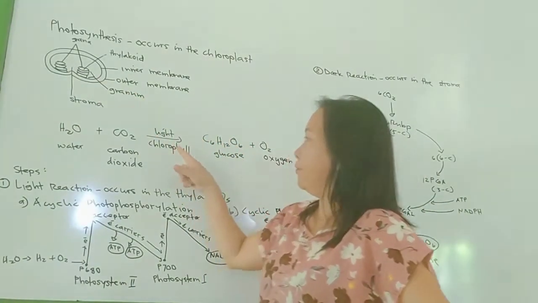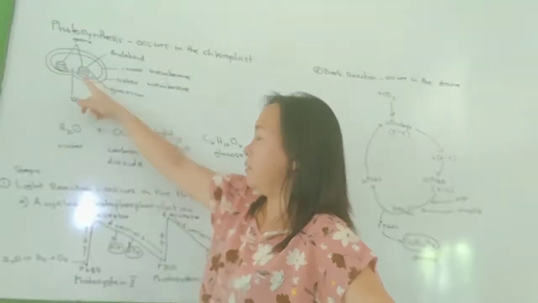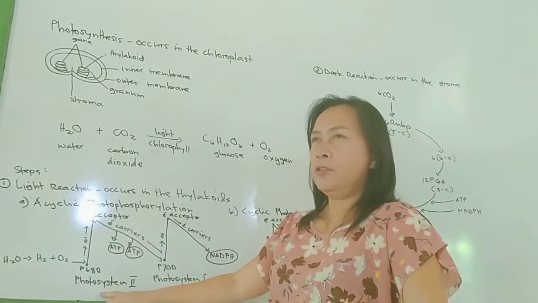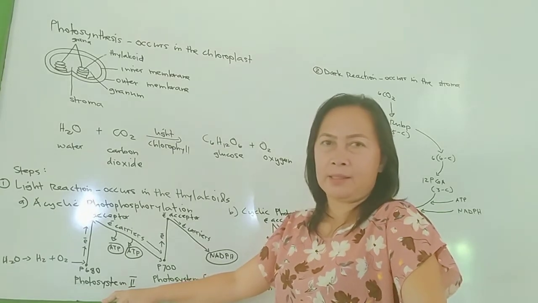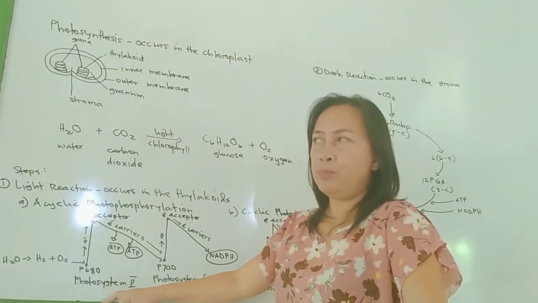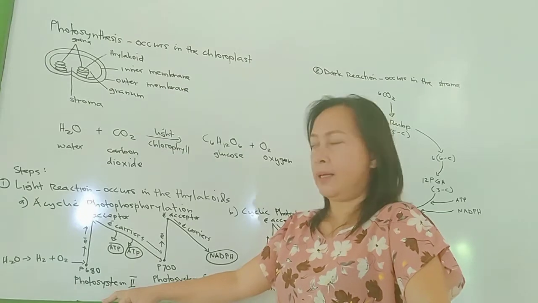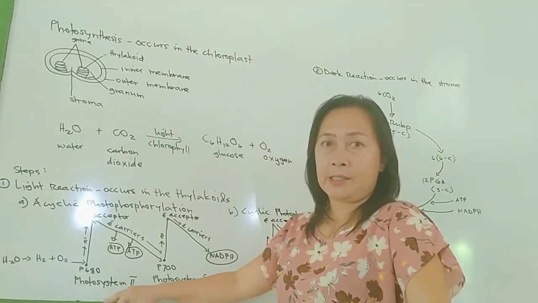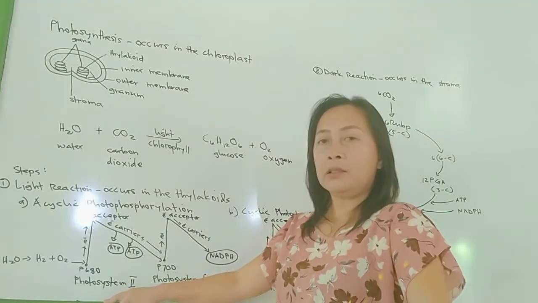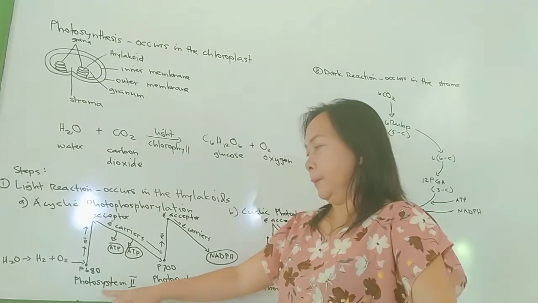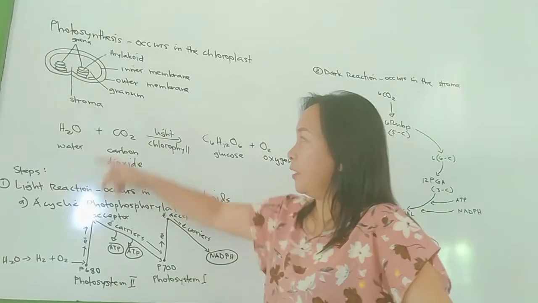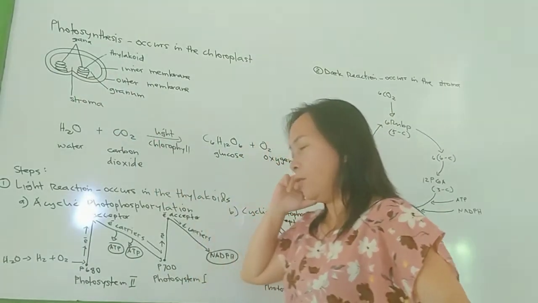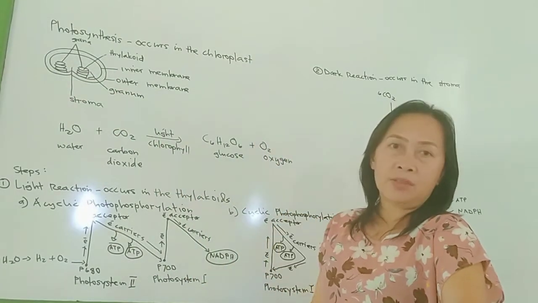Now, in the chlorophyll here, which is found in the thylakoids, you could see groups of pigments. When we say groups of pigments, we call that photosystems.